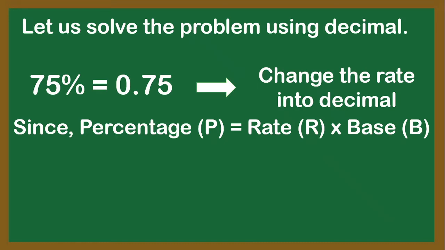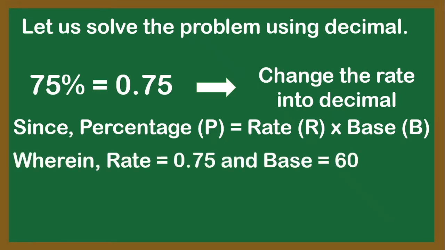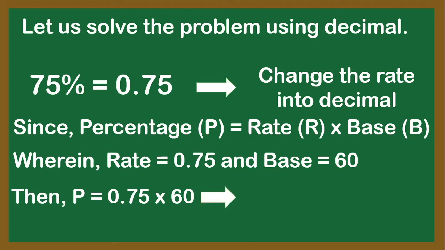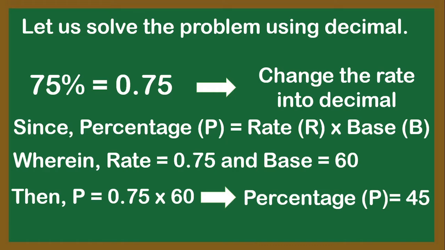Since percentage P equals rate R times base B, wherein rate is 75 hundredths and base is 60, then P equals 75 hundredths times 60, that we have now percentage is 45. Remember that 75 hundredths is multiplied by 60 to come up with the answer of 45.